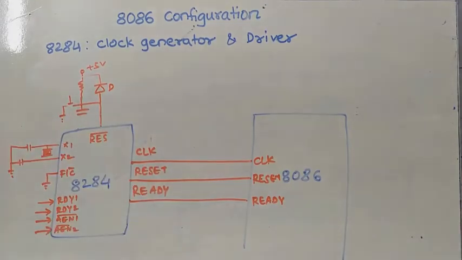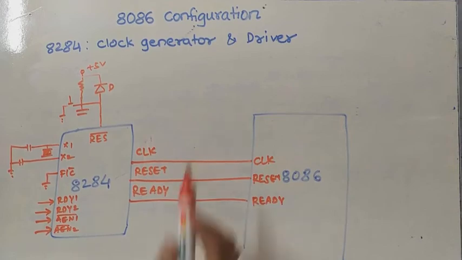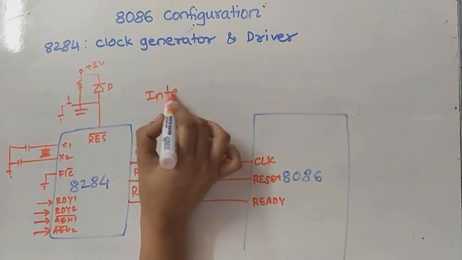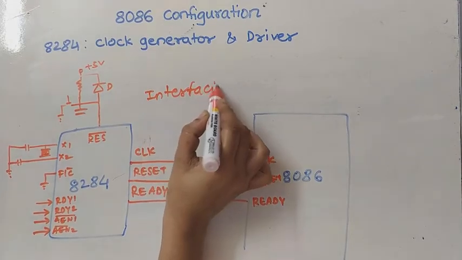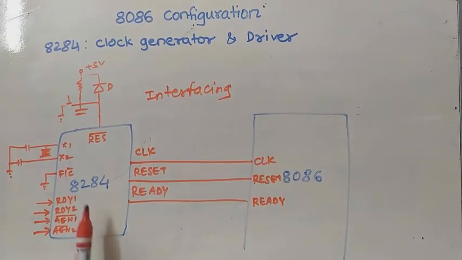So this is the configuration, or interfacing, of 8284 with 8086. This is how we can interface the 8284 clock generator with 8086.